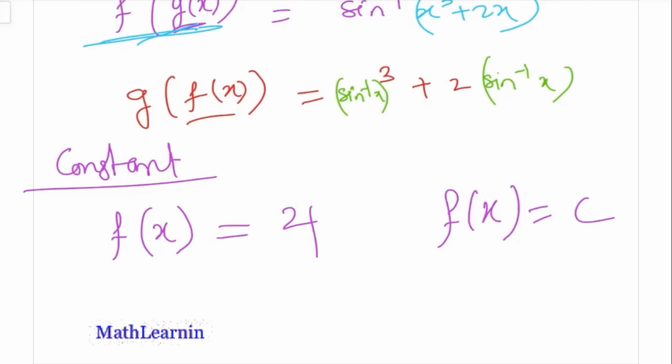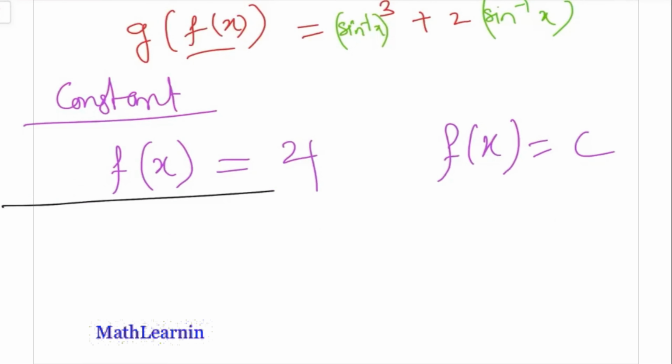So next type of function, can somebody tell me the next type of function? One-one and onto. What is the one-one function? For one input there is only one output.